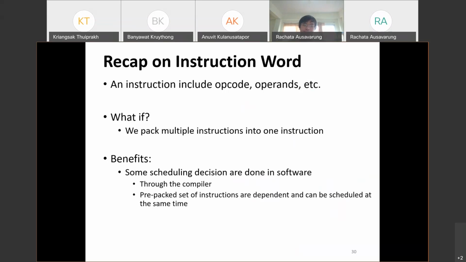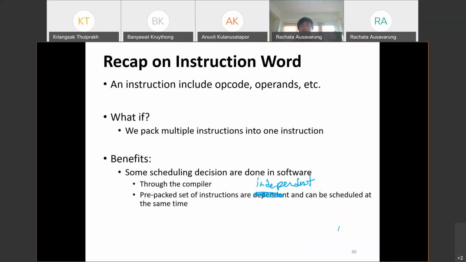You use the software to pre-pack the set of instructions that are independent, my bad, independent. Instructions that are independent can be packed and scheduled at the same time. And this is done by the compiler. So you don't need huge instruction windows in the hardware.